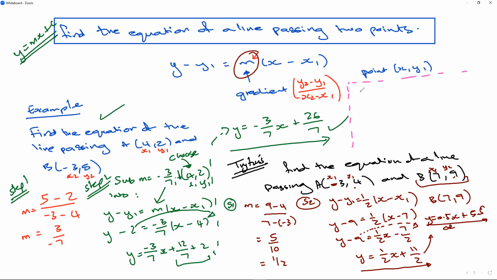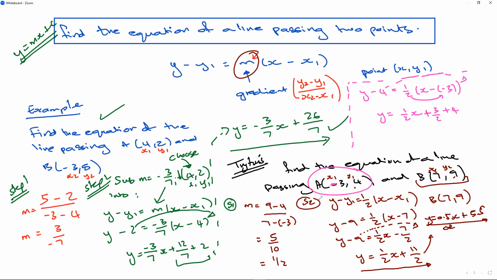So if I go y minus, now I'm going to substitute negative 3 and 4, so it'll be y minus 4 equals m, which is half x minus, and here we have to be careful of the negative, so it'll be minus negative 3, and I've got to move the 4 across, so I'll end up with y equals half x, and this is going to be half multiplied by plus 3, which is plus 3 over 2. So that's plus 3 over 2, and then plus 4.